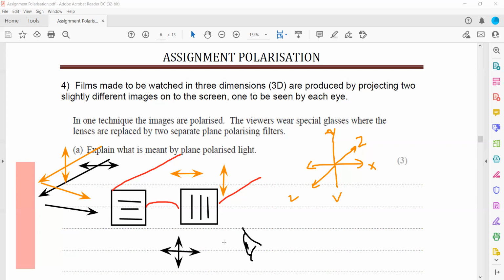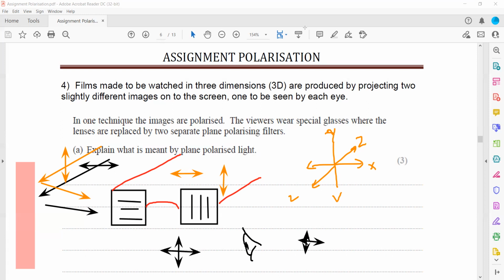It will appear very bright and blurred as well, because two images are forming in both eyes. Like here, in the left eye or right eye, at the retina both components are there. But here, one of the eyes captures the horizontal component and the other captures the vertical component, and when the brain processes this image, it appears to be 3D.